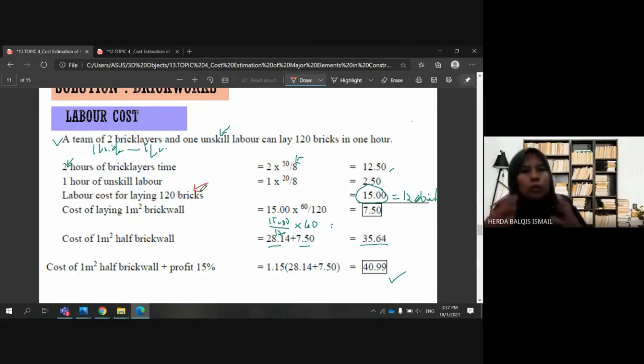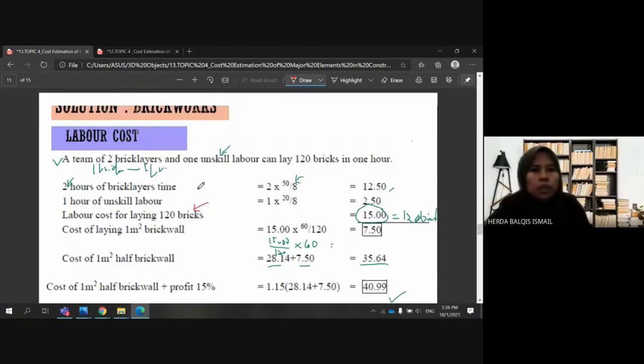This one team consists of 3 persons and can fix 120 bricks in 1 hour. So if you know how many bricks need to be fixed for that particular work, you just multiply with the analysis over 60, over 120 bricks.